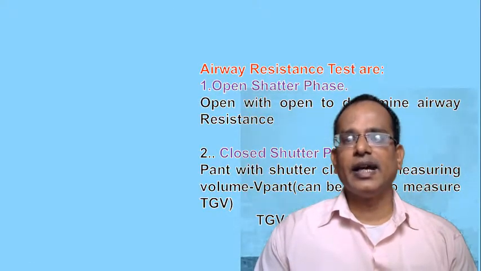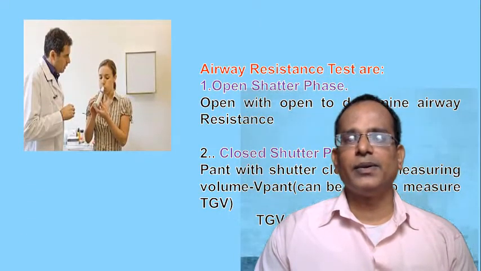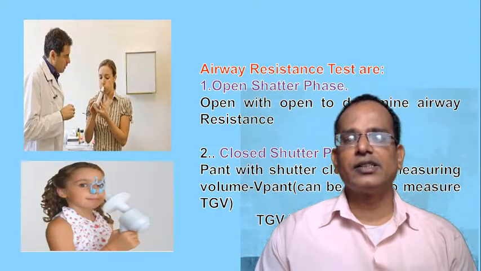The airway resistance test is done by two methods: one is the open shutter phase method, and the other is the closed shutter phase method. In the open shutter phase, with the help of a small instrument, they find the airway resistance. The next one is the closed shutter phase method, where they take the measurement in a closed chamber.